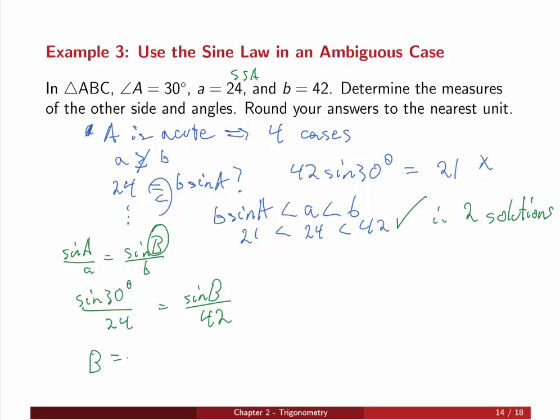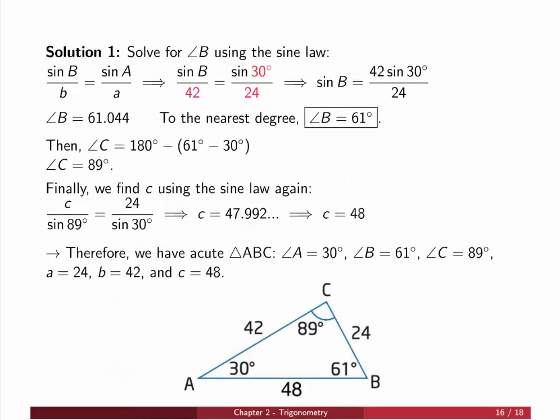When you solve this, what we're going to get is sine inverse of sine 30 times 42, divided by 24. That's 61 degrees. That's an acute angle. Right there, b is acute. When you check our work, there you go, 61.